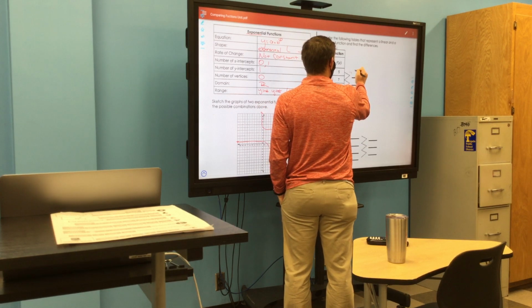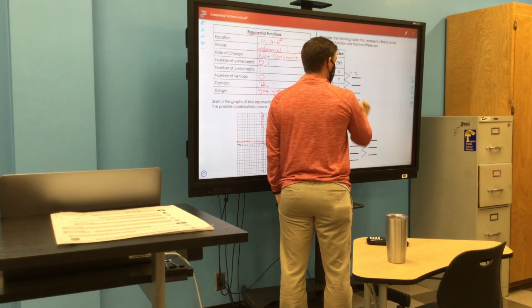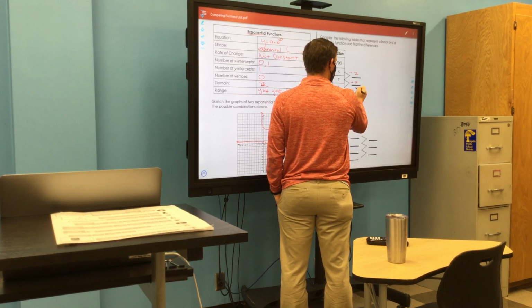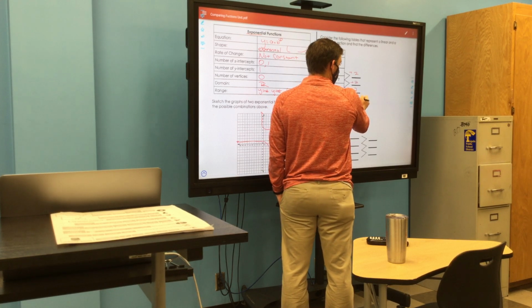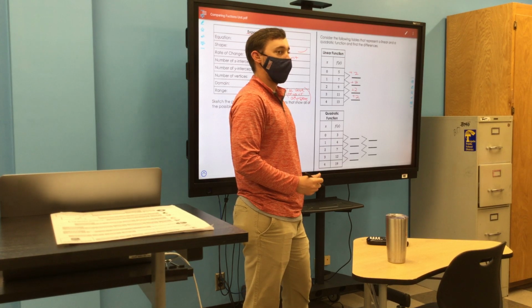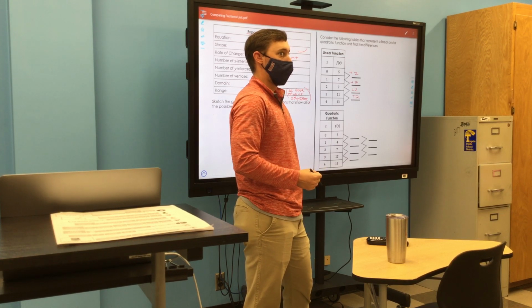I'm adding 2, plus 2. How do I get from 7 to 9? Plus 2. How do I get from 9 to 11? Plus 2. How do I get from 11 to 13? Plus 2. What do you notice? All of them are plus 2. So is this linear or is this quadratic? Linear.